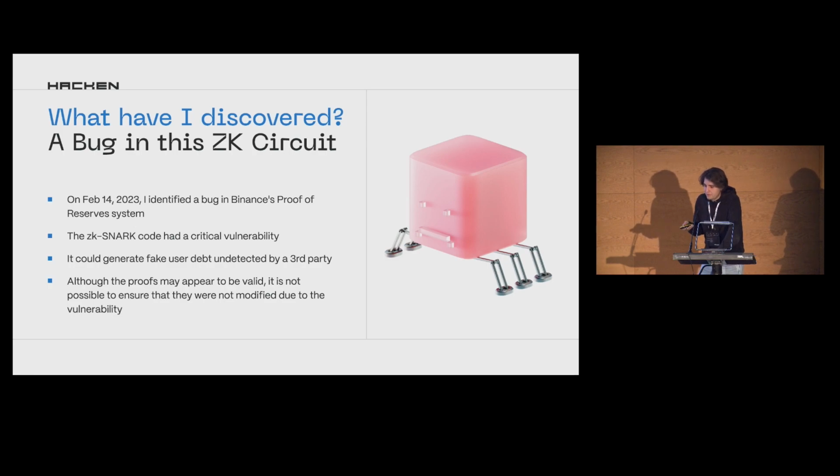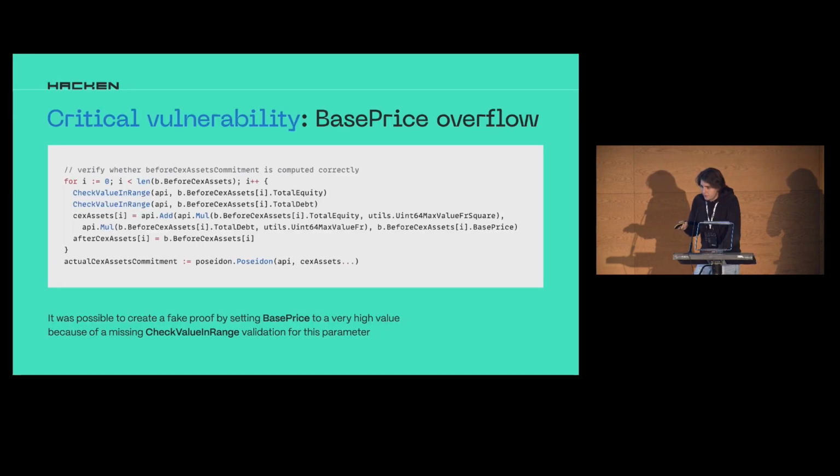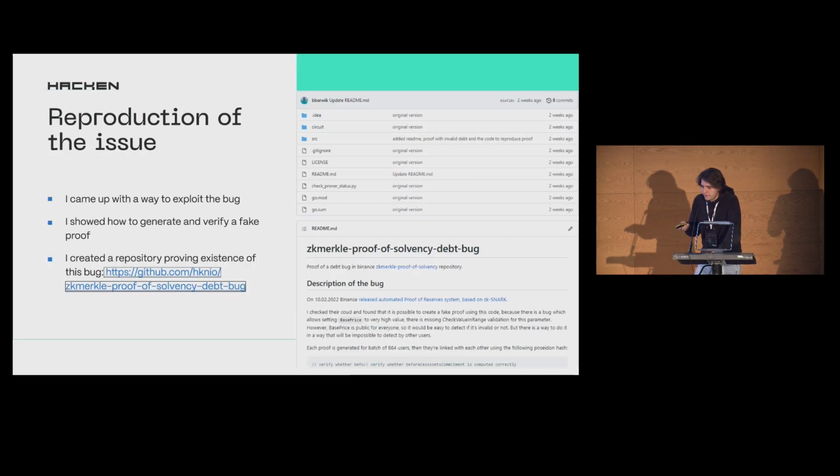Okay, so we discovered the issue. Then we generated a proof of concept. I created a repository where I proved this issue. I created a fake proof which I demonstrated to the Binance team.